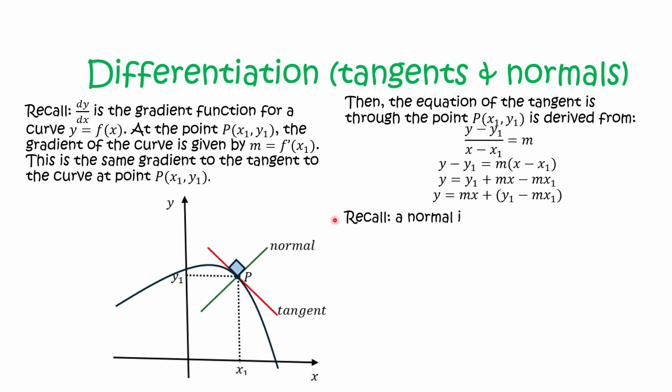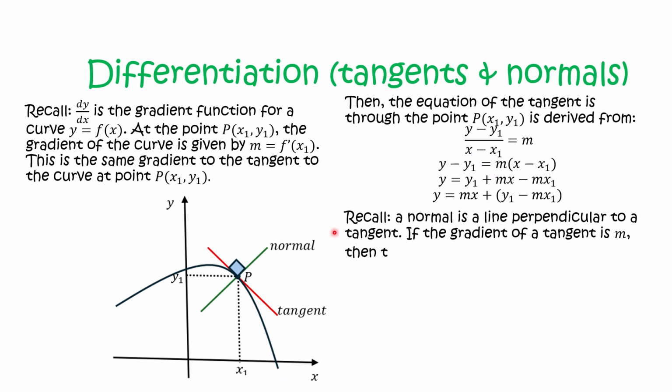Now, we also recall that a normal is a line perpendicular to a tangent. If the gradient of a tangent is given to be m, then the gradient of the normal is given to be minus 1 over m.